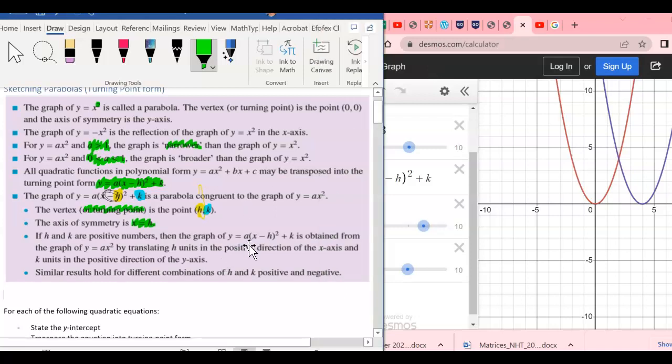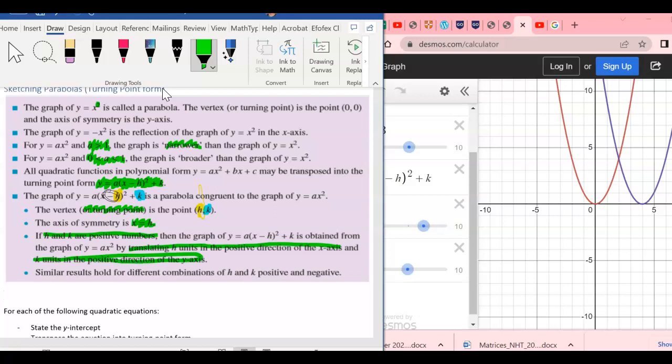All right, the next dot point, if h and k are positive, then the graph is obtained from the, oh, this might be a little bit confusing. So let's just highlight the important part. So if h and k are positive, then basically we're translating h units in the positive direction of the x axis and k units in the positive direction of the y axis.